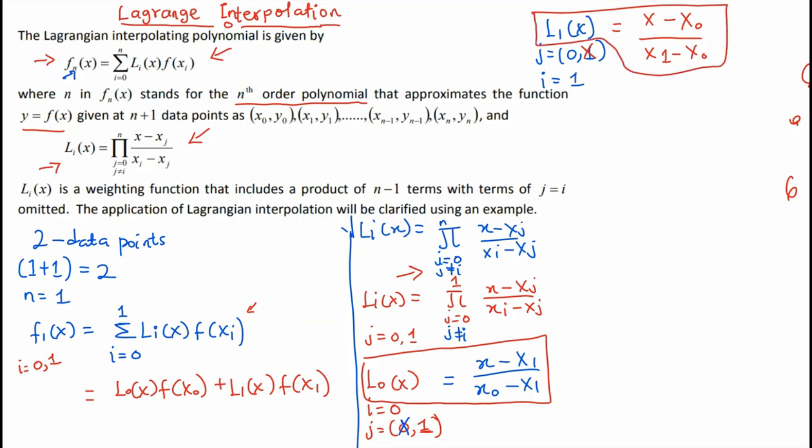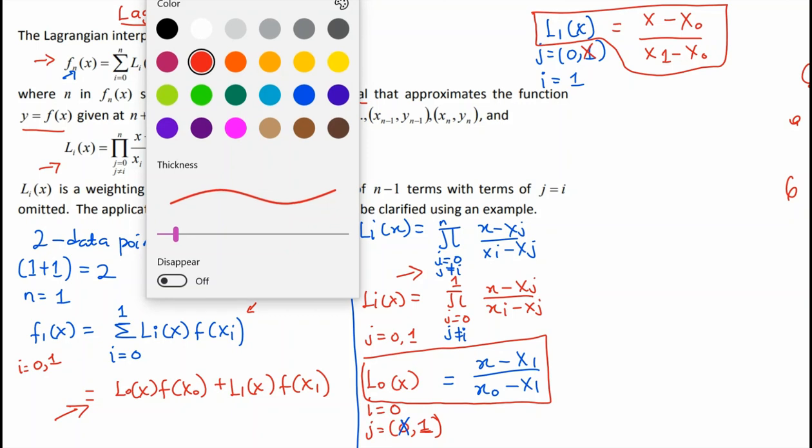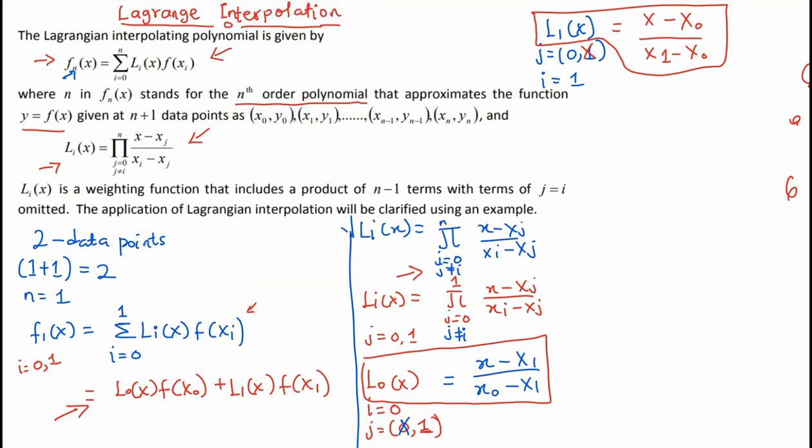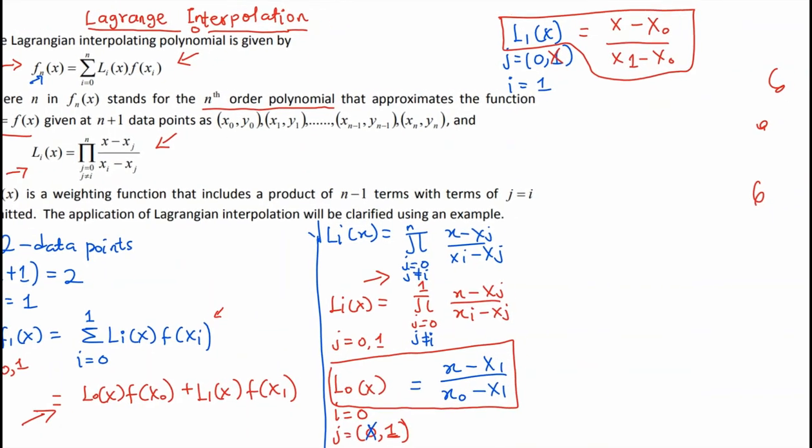So now you have to substitute back into the general formula that we have here. Let me rewrite that, and let me shift this so I can get some space.